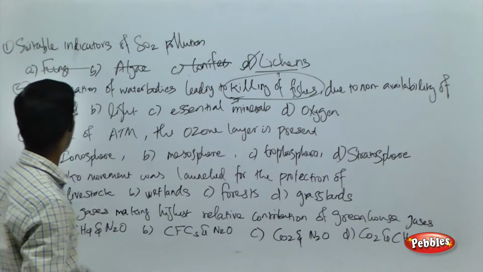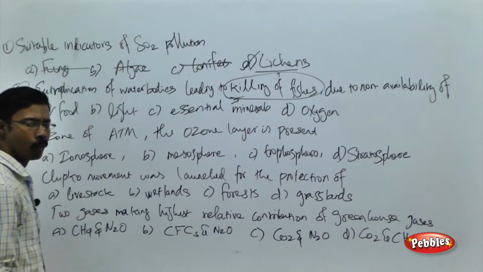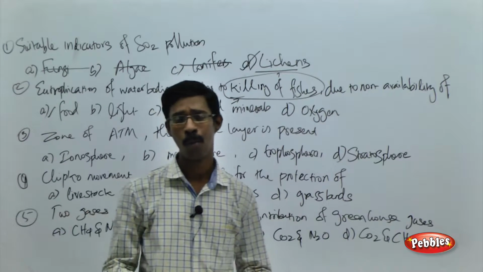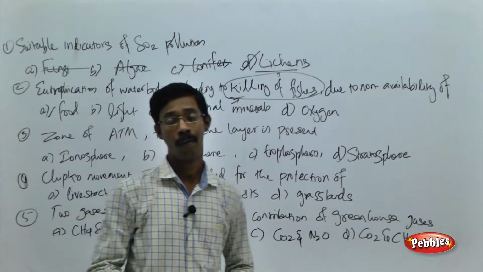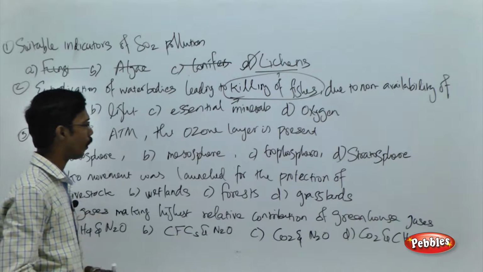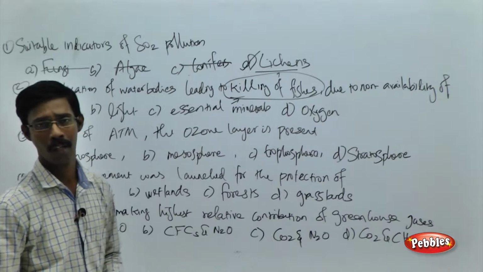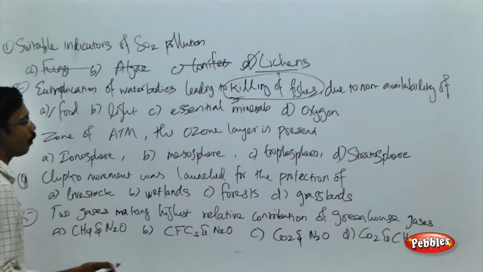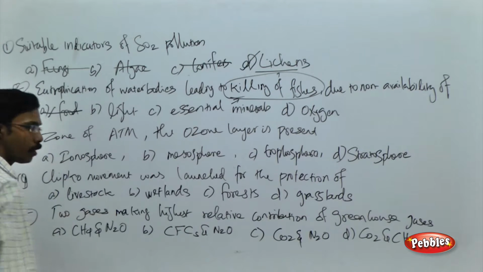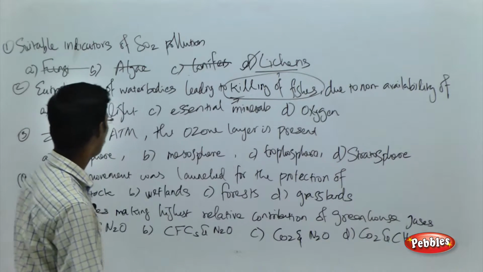Fine. See the choices: food, as I told you, growth of plants, or a huge increase in the availability of organic manure or organic matter that will increase or support the life, especially the plants. So availability of food may not be the major cause because food is available in a huge manner.